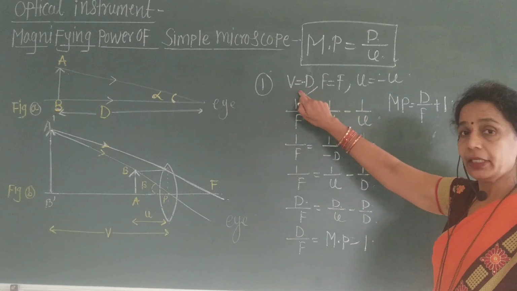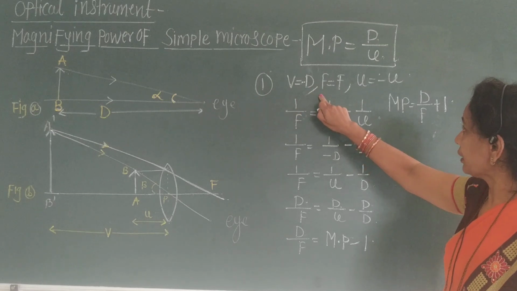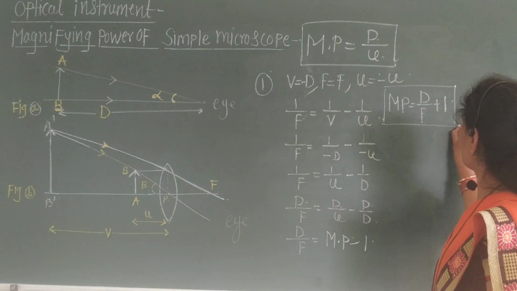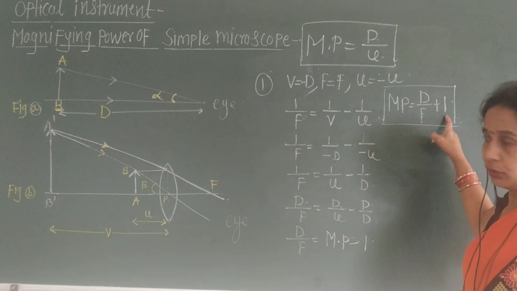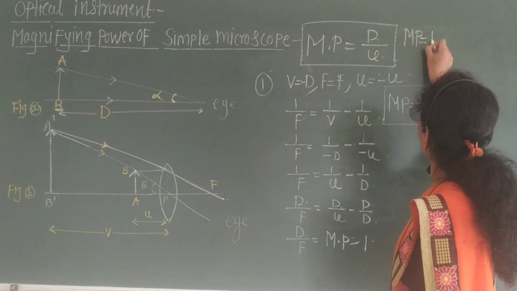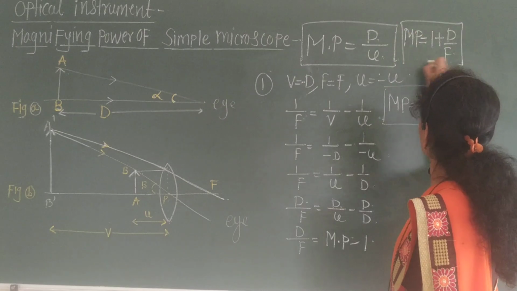Therefore, if the image is formed at DDV, therefore V is equal to minus D, and you get this MP equation is equal to D upon F plus 1. Okay. Here I write this equation, MP is equal to 1 plus D upon F. Okay. This is the second equation.